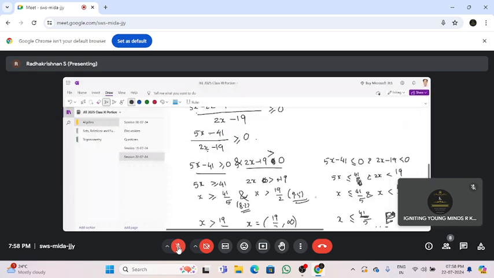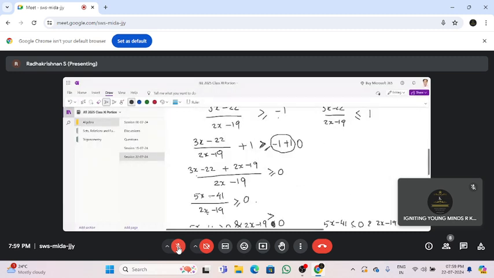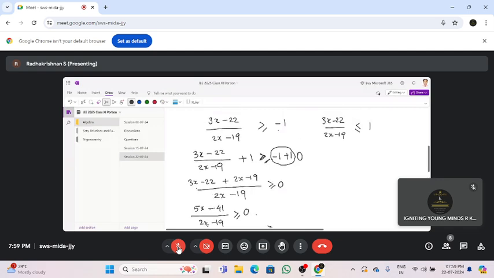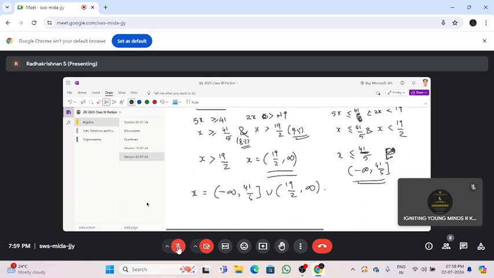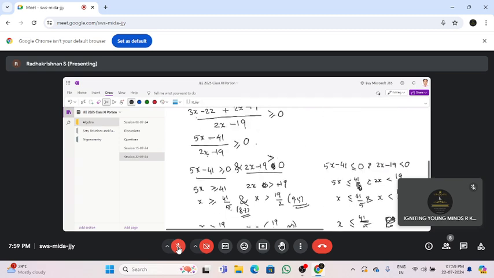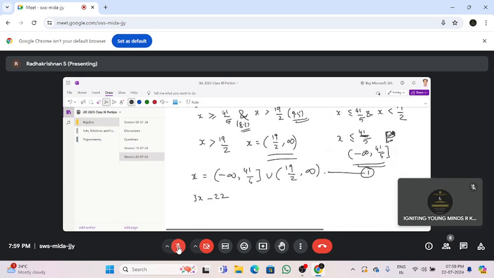Can you all work on this in the same way? Please work on the other part. 3x minus 22 by 2x minus 19.